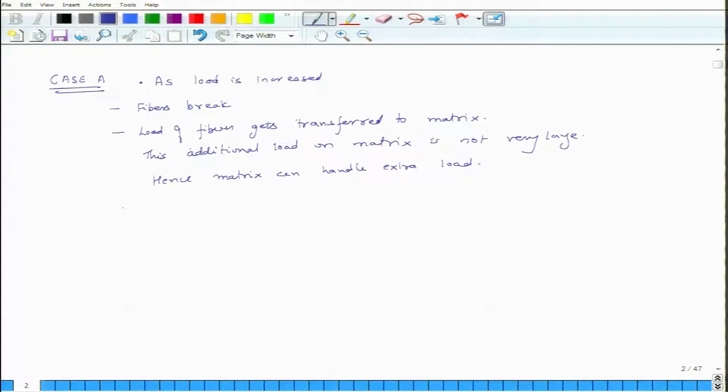So, now as the external load is further increased, what happens? At some point the composite fails.